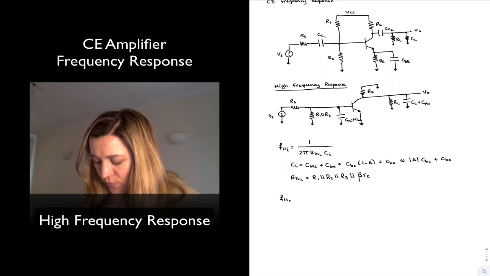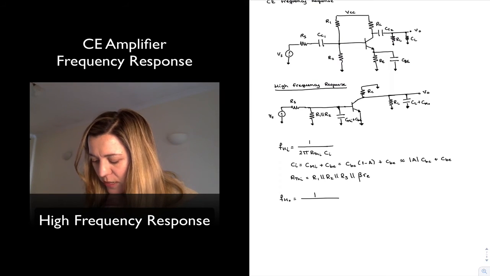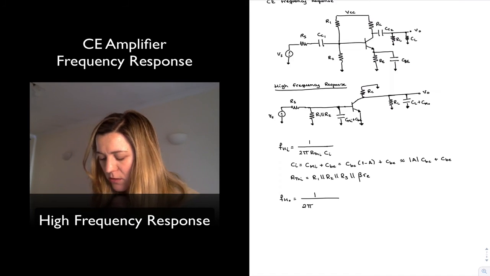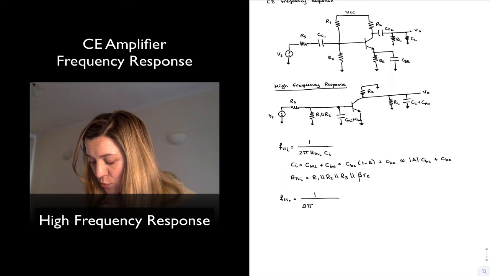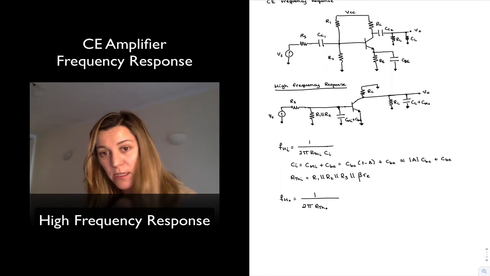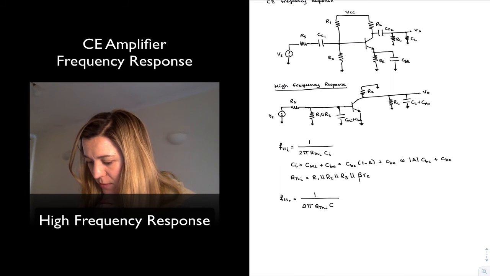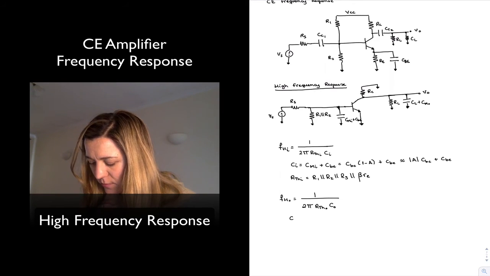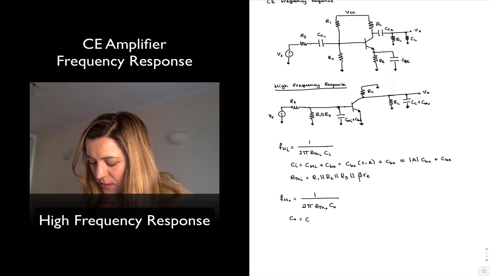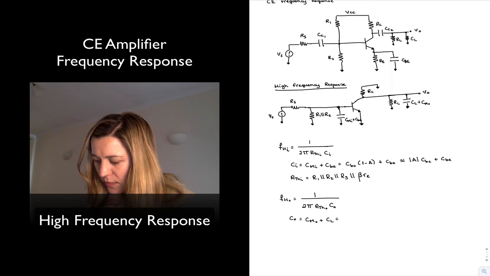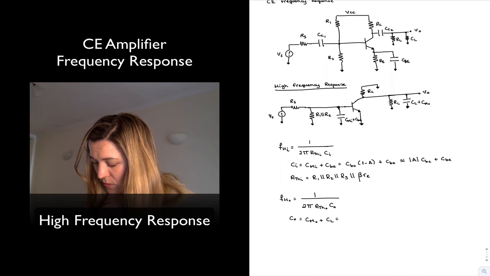I can reproduce that methodology for my output capacitance and come up with another high cutoff frequency due to the output capacitance. 1 over 2 pi R Thevenin seen across the terminals of the output capacitance times the output capacitance, where my output capacitance is the combination of the load capacitance and the Miller output capacitance in this case, so CMO plus CL. And CMO is going to be equal to (1 minus 1 over A) times CBC plus CL.